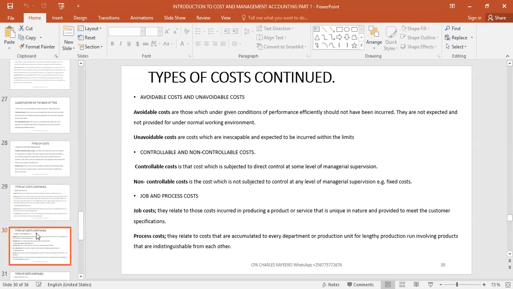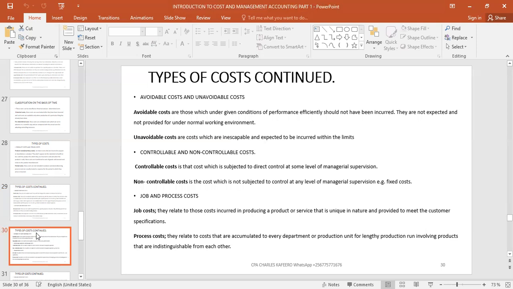The other type of cost we can talk about is the avoidable costs and the unavoidable costs. Avoidable costs are those which, under given conditions of efficient performance, should not have been incurred. These are the costs which you can avoid if necessary precautions or measures have been taken.